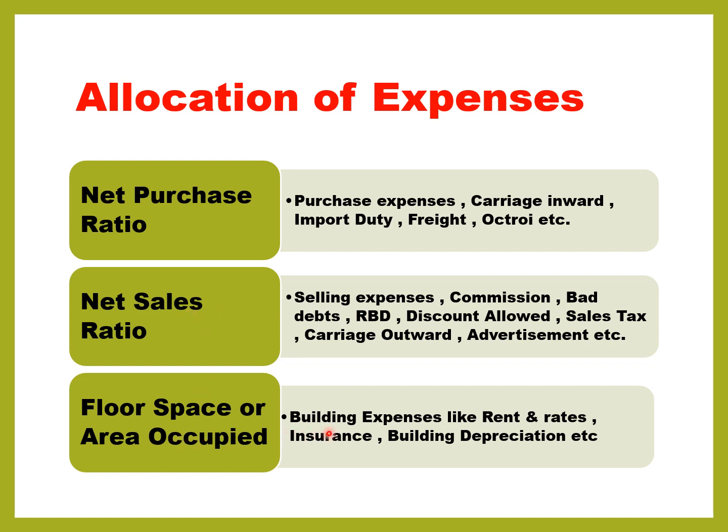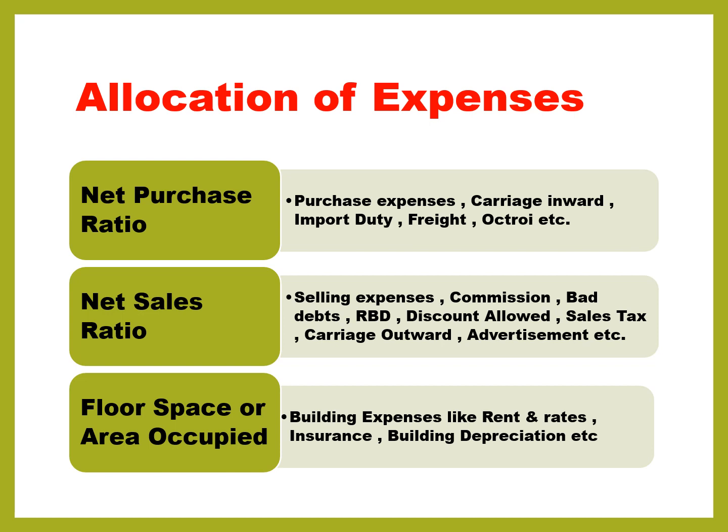Next, land and building expenses like rent and rates for building, insurance for building, building depreciation, etc. are to be distributed on the basis of floor space or area occupied. For example, Department A occupies 400 square feet.